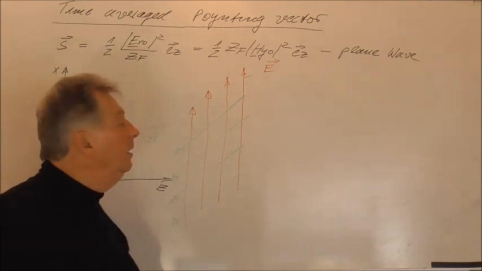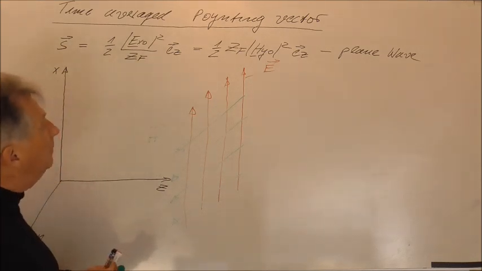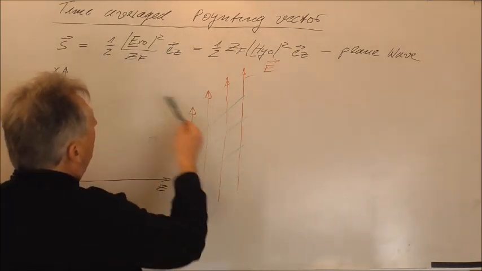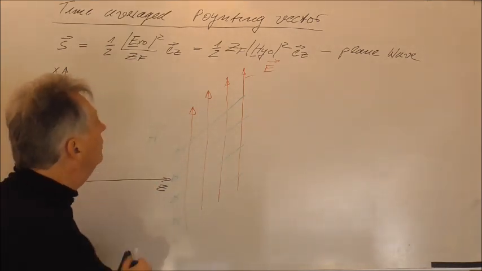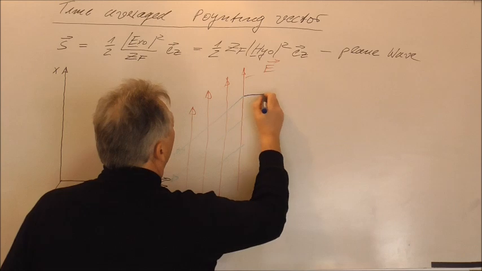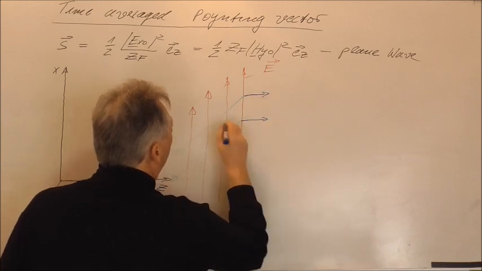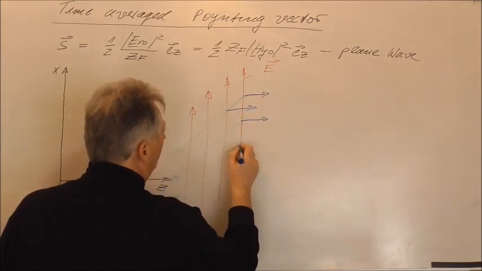Of course you see here these both fields define a plane in space, and in every point in this space a certain amount of power is transported in the z direction.